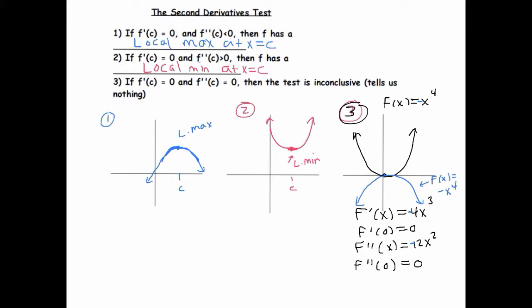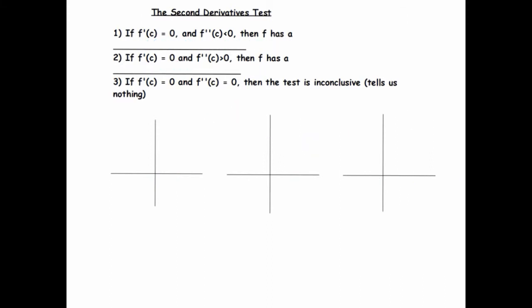So the second derivative being 0 does not help. It doesn't tell us anything. We can't use that test if that happens. I hope I made that clear. This is the classic counterexample, because in both of these instances the second derivative is equal to 0, but in one case you have a max, in one case you have a min. So that means it can't be a reliable test in that situation. But otherwise it actually is.